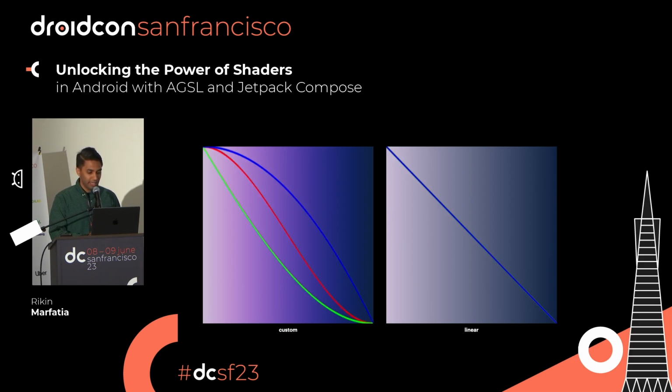And if we were to map again how we're interpolating between these two colors, you can see that each color now has its own interpolation function, and it produces a much more interesting result.